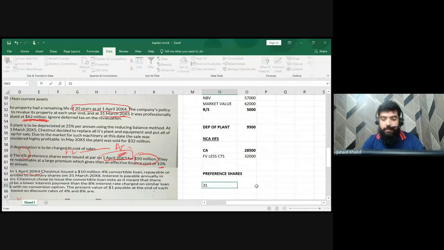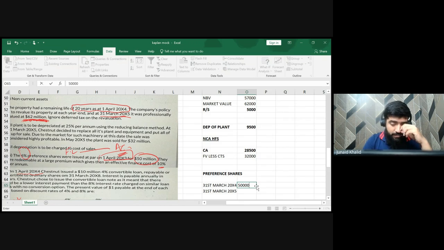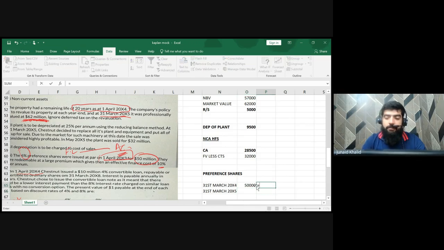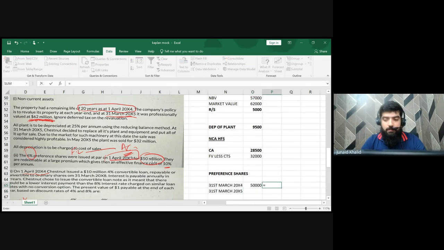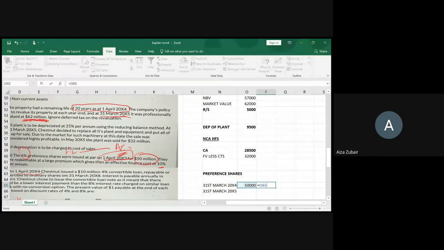First of all, the amount at which the liability was raised is 50 million. We are going to multiply by what, the effective rate or the coupon rate? The effective rate, which is 10%.